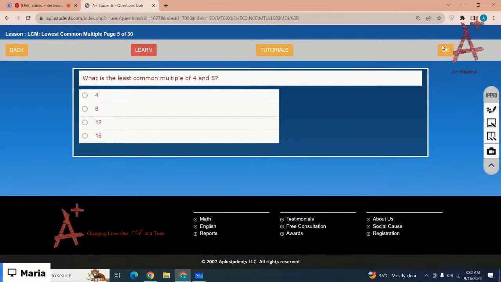What is the least common multiple of 4 and 8? So, which is the correct option? The correct option is 8.